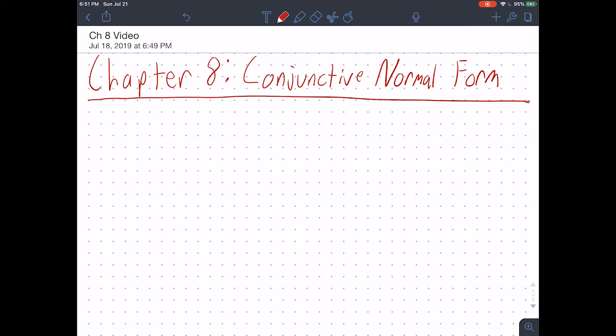The point of learning all of those rules in Chapter 7 was to allow us to transform schemata into conjunctive normal form. I'm going to explain what that is in a second, but the advantage of being able to do this is that it allows us to perform some very easy, simple tests for more complicated schemata in the chapters going forward.